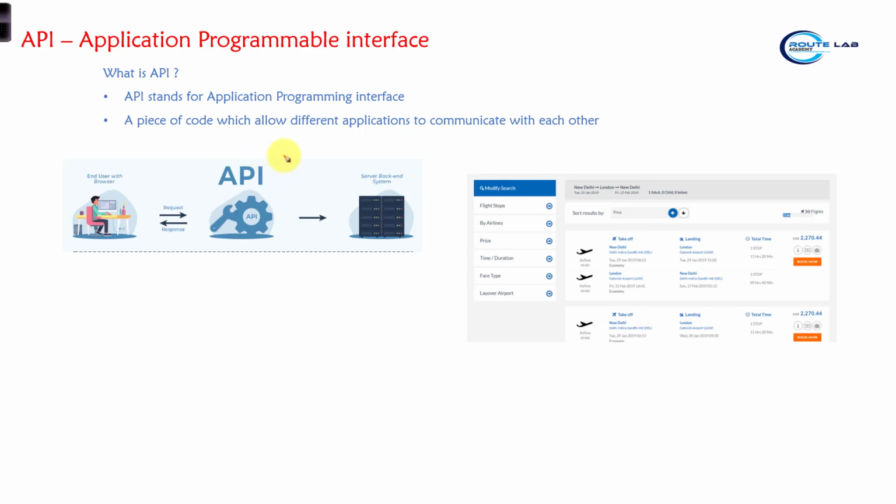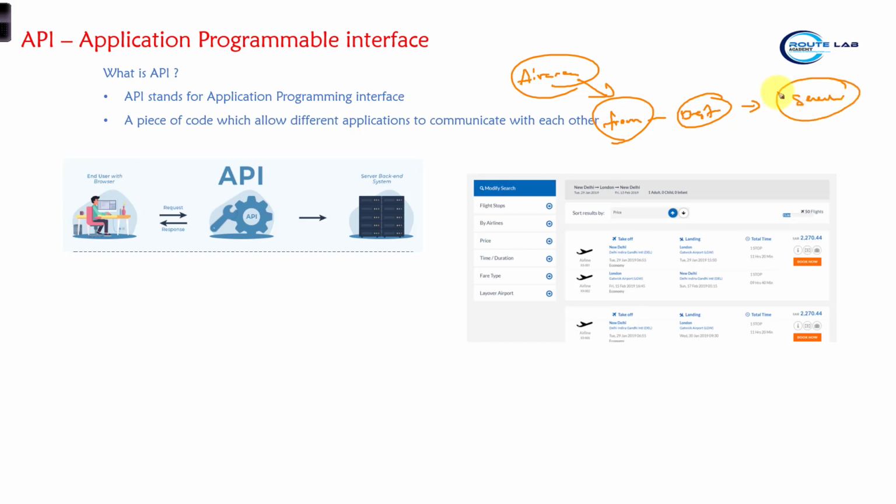Likewise, if you take an example of any one of the airline websites where you can book a flight ticket, you'll probably enter the URL, let's say airasia.com or some website. You will fill up your details, from where to where, from your source to destination, and select the date and click on the search button, right?